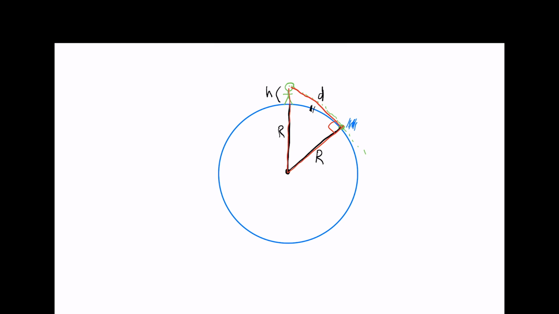Okay, and we can use the Pythagorean theorem, one of the big theorems in geometry that you may have heard of, which is a squared plus b squared equals c squared.